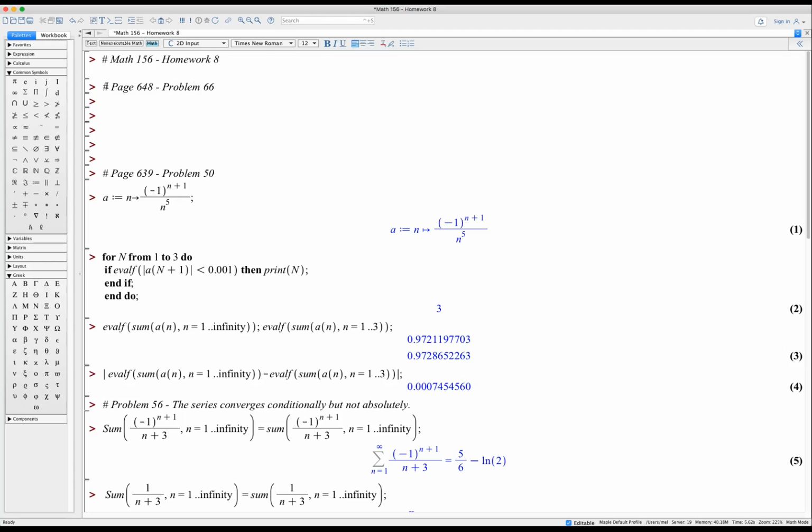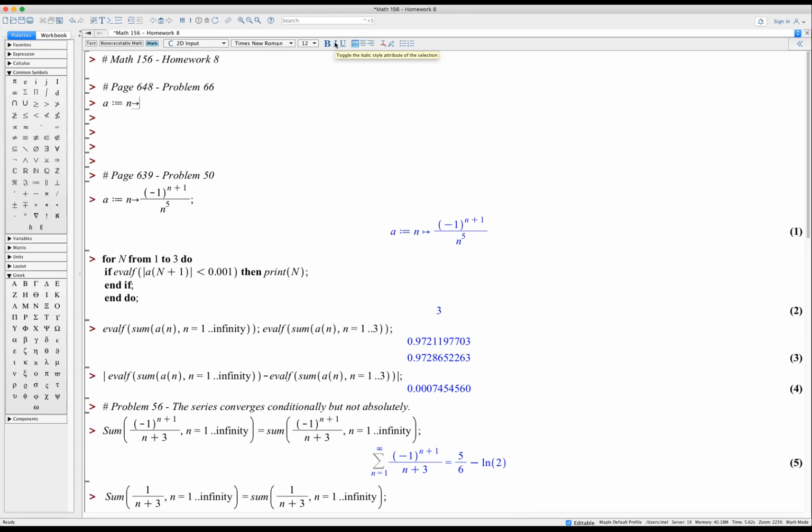So okay, well, of course, Maple will tell you right away whether it converges or diverges. But in this series, the nth term, I'll write it as a function.